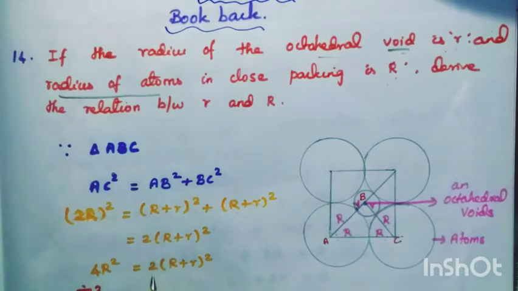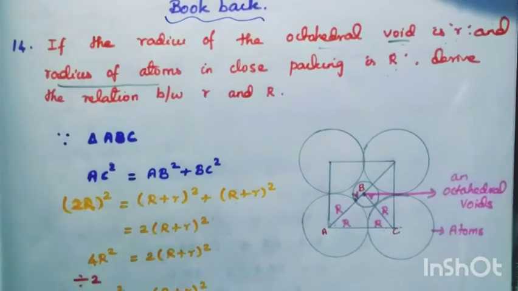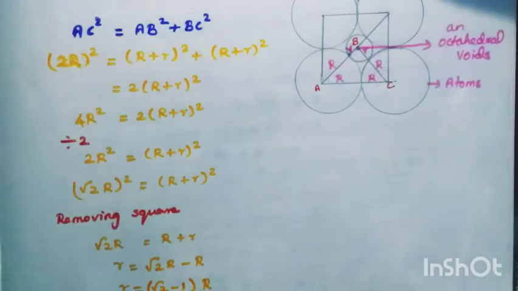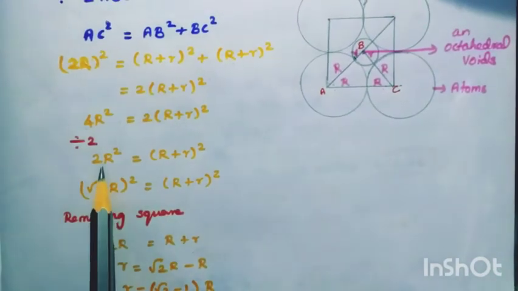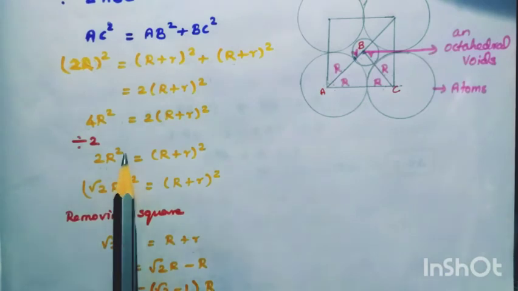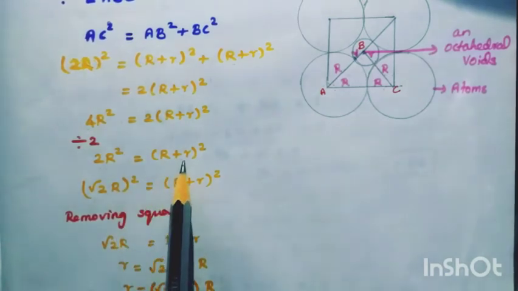Now here 4, here 2, so we can divide by 2. That becomes 2R square equal to (R plus r) the whole square.